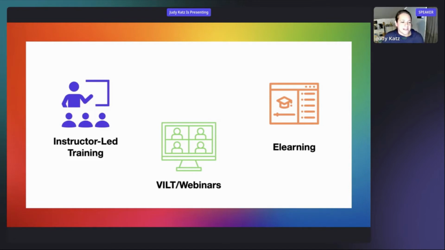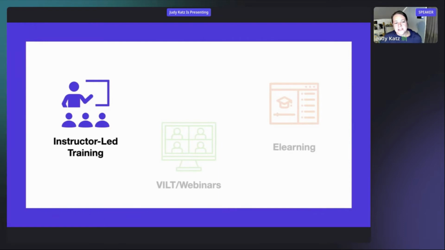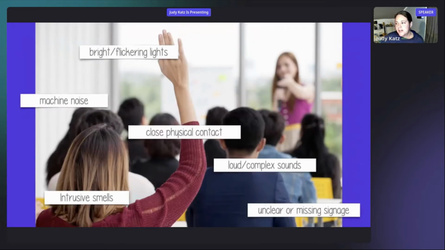Most of the things in instructor-led will also be applicable to virtual instructor-led and e-learning, so I won't repeat myself a ton, but I don't think that there's anything that really conflicts. If you learn something in instructor-led and you think, oh, that could be applicable to e-learning as well, I don't think there's anything that says, oh, this is a good idea for instructor-led but isn't for e-learning. So without further ado, let's go on to instructor-led training.